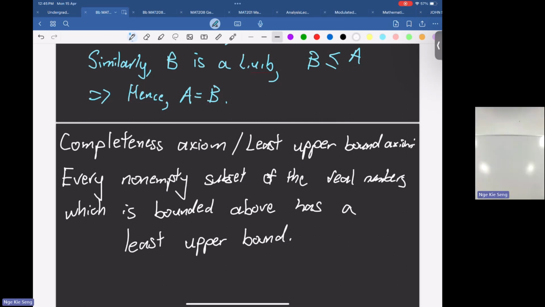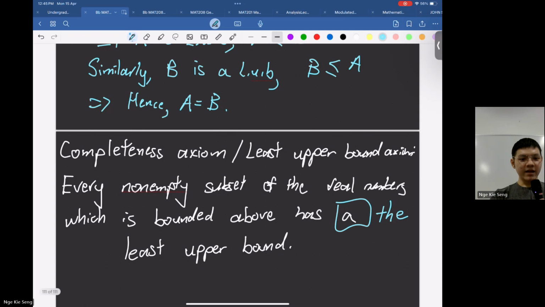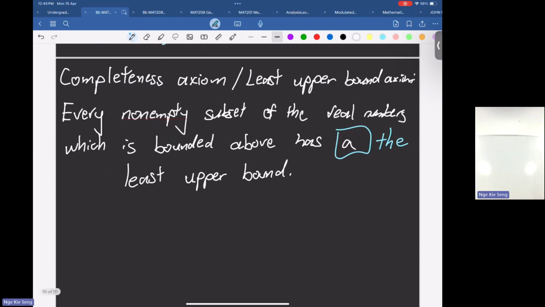Here I can really replace "a" with "the". Why? Because just now we proved that it is unique. If you have one, that's the only one. And then finally we come to the big definition here.